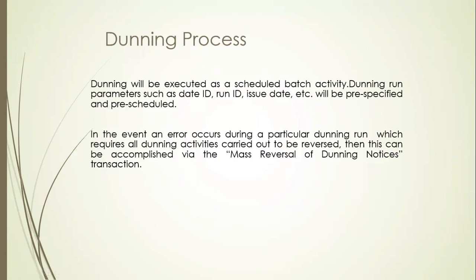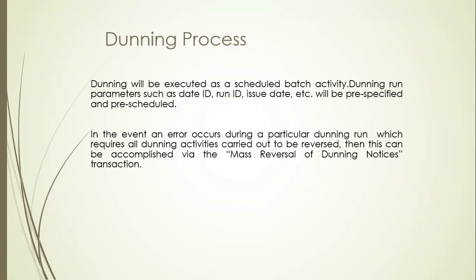Okay, dunning can be executed based on the date, because for each date, it will check with the parameters how many open items are there for which customer. So we can execute that based on the parameters, the dates and run ID. Apart from that, you can also put them in a pre-scheduled batch process, so it will activate automatically when the time hits.